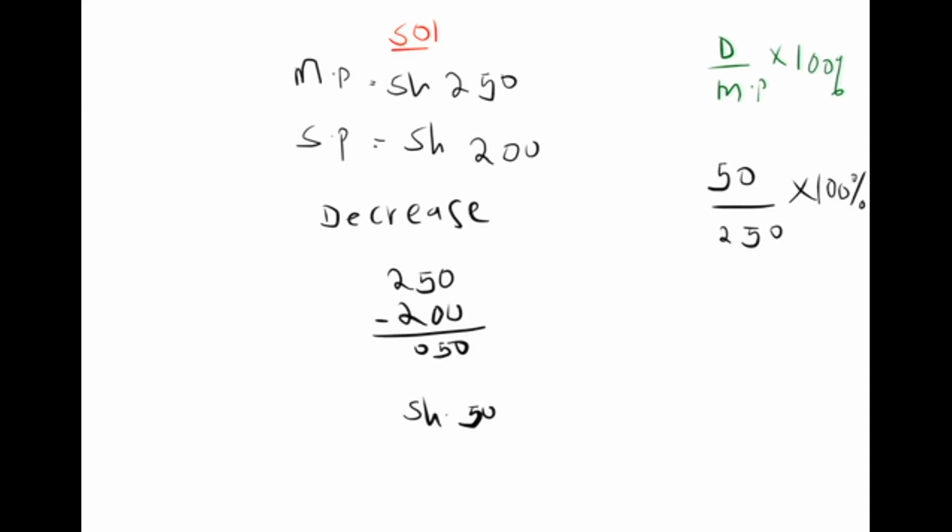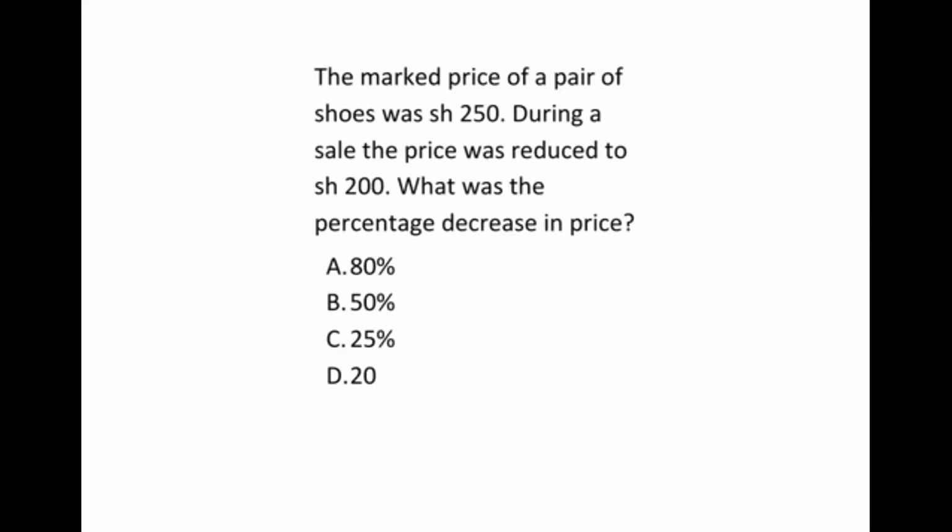Then from there we can simplify. We can cancel this 0 with this 0. Here 25 divided by 25, 1. 100 divided by 25 is 4. 5 times 4 is 20%. Therefore, our correct answer is D, which is 20%.